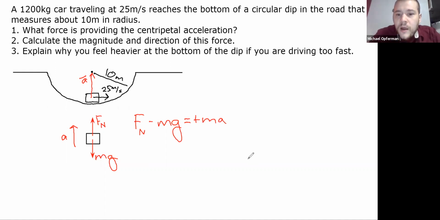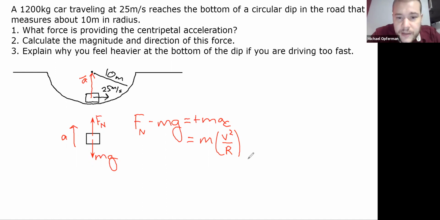And furthermore, I know that this acceleration is a centripetal acceleration. You might want to denote that by using a subscript c there to remind you that this isn't just any old acceleration. This is a centripetal acceleration. Since I know that, I can plug in that this is equal to m times v squared over r, which is then going to allow me to solve this problem.